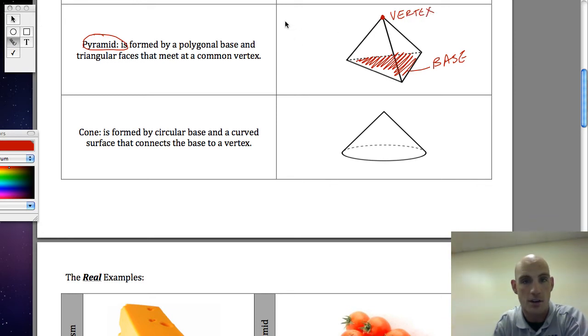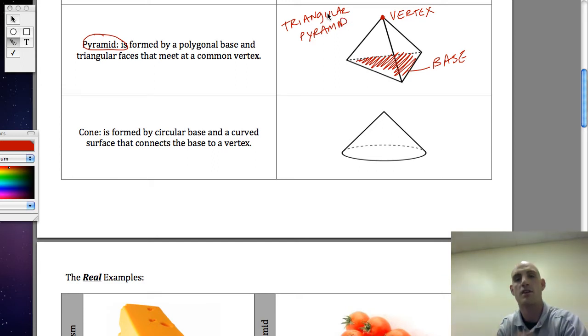And so this is going to be called a triangular pyramid, because we're naming it by that base. Just like with the prism, we're going to name it by its base. The base is that odd man out. Okay, and so this is a triangular pyramid. They can come in all shapes and sizes. They can come in like a pentagonal pyramid, a hexagonal pyramid, a square pyramid, a rectangular pyramid, things like that.